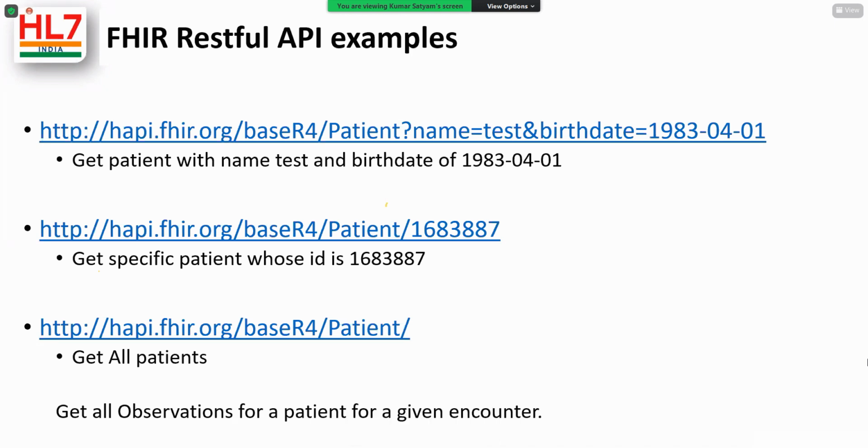We will be using one of the reference implementations, maybe happyfhir.org, or we will see if we can use something else so that we can experiment with those FHIR servers, okay? So this is an exercise. Get all observations for a patient for a given encounter, okay? And you have to construct a URL and post it in the Zulip.